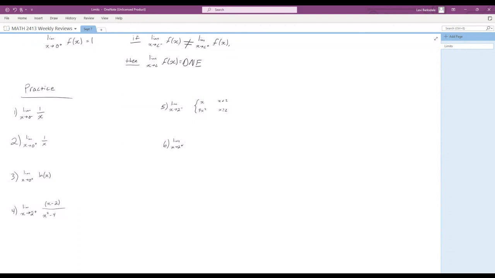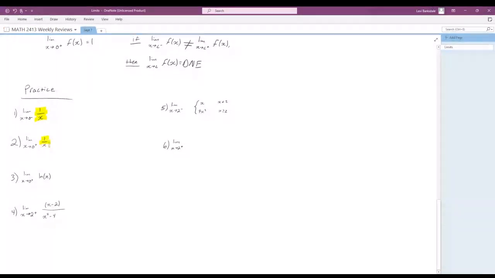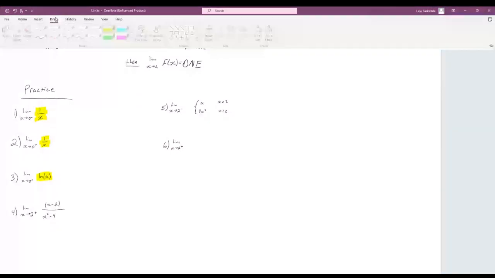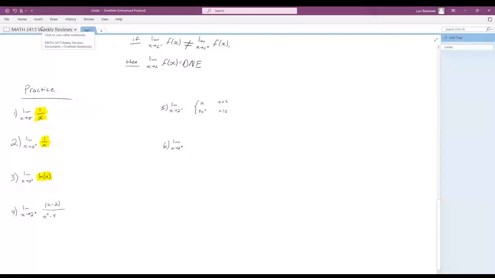For these first three, the way I would approach it is by just sketching myself a graph and looking. With the fraction ones, I did a number line for the top and the bottom, and then decided from there.